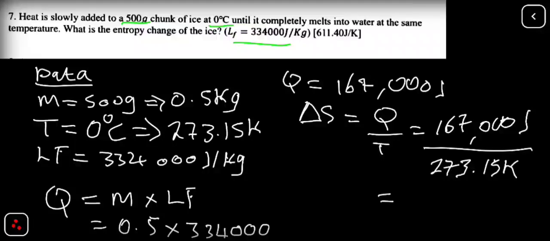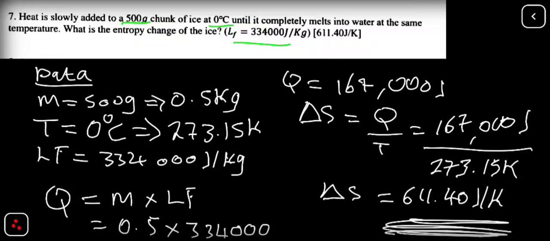Once you divide, our delta S, the change in entropy, is going to be 611.40 joules per Kelvin. So this is the change in entropy.